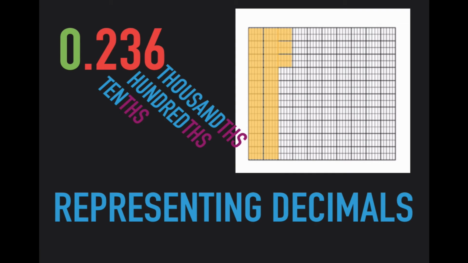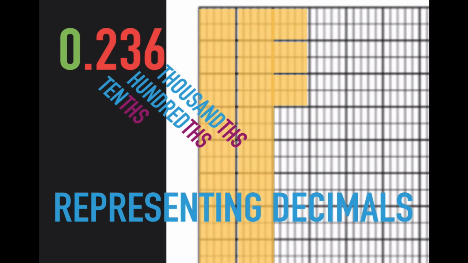Now I have to get 6/1000ths, so let's zoom in a little bit and take a look at what that might look like. There are my 6 little boxes there, 6 little parts of the whole. And so altogether I have 2/10, 3/100ths, and 6 thousandths, or 236 thousandths.